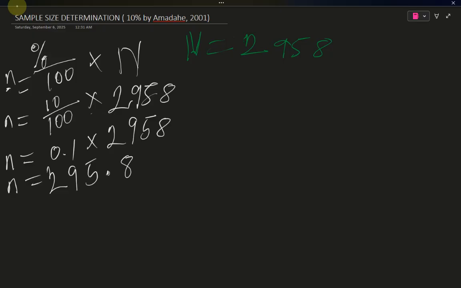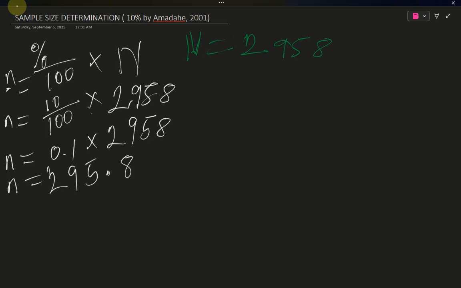If this answer is 295.8 and we are rounding it down, you maintain the 295 and remove the 0.8. You've rounded it down to the lower one.